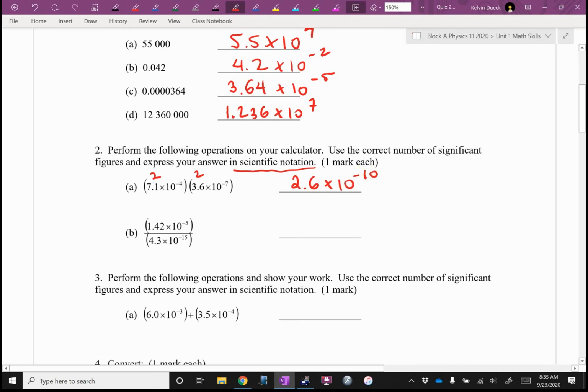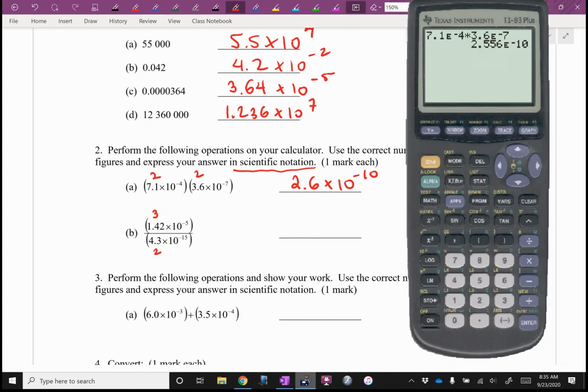I think question number 2 on your quiz is like this. I'm going to give you a couple of questions involving some scientific notation. You know what? Probably 1 multiply and 1 divide. 3 sig figs. 2 sig figs. I guess I'm going to go to 2 sig figs. 1.42 scientific notation negative 5 divided by 4.3 scientific notation negative 15.